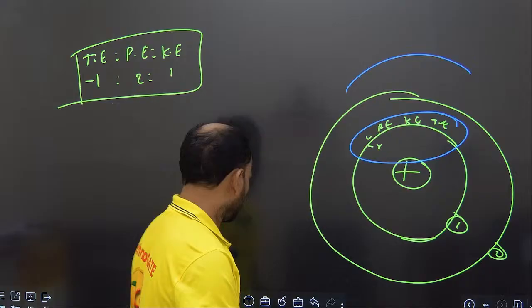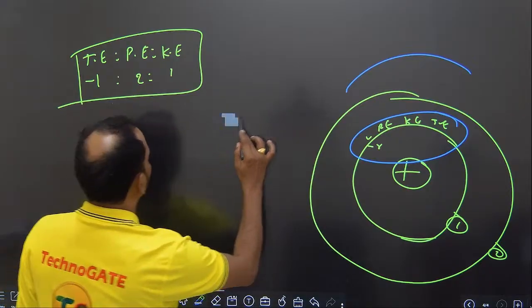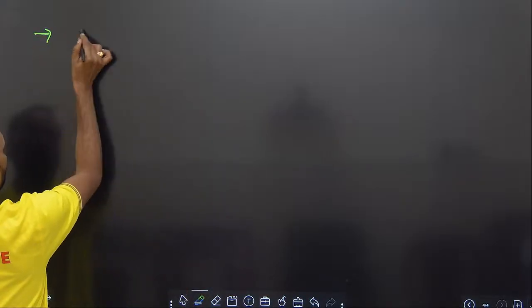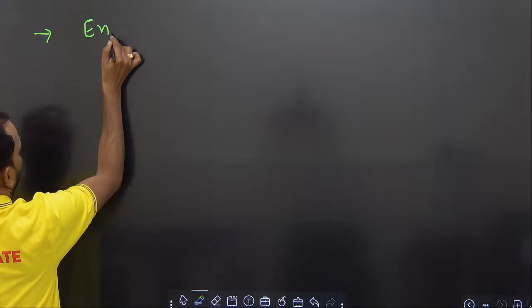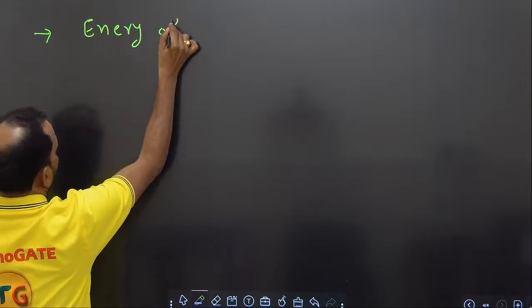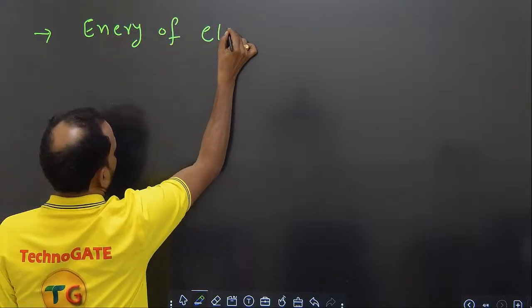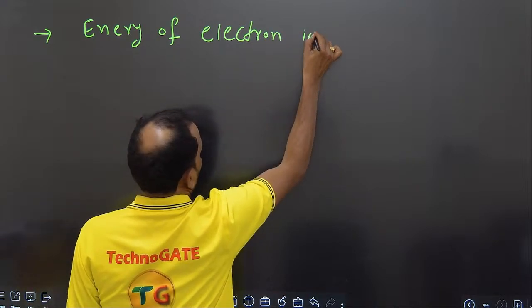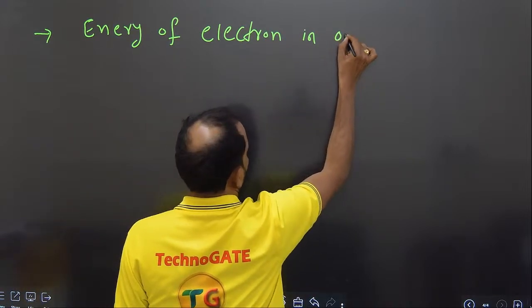Now, energy of electron in a stationary orbit.